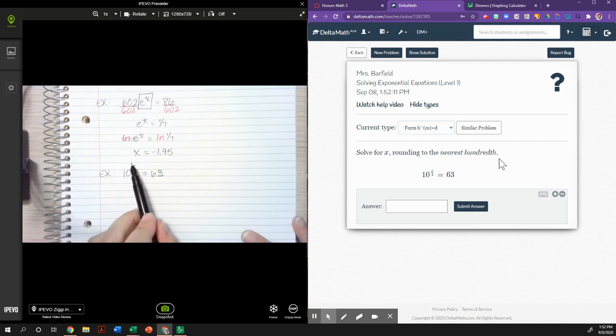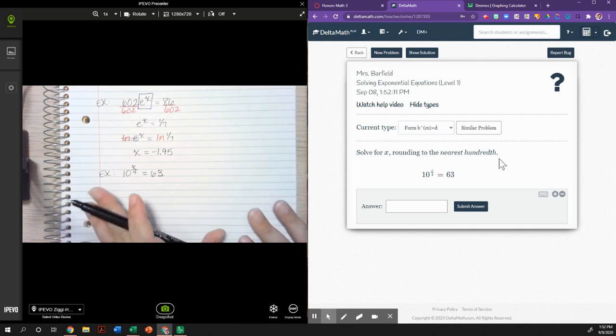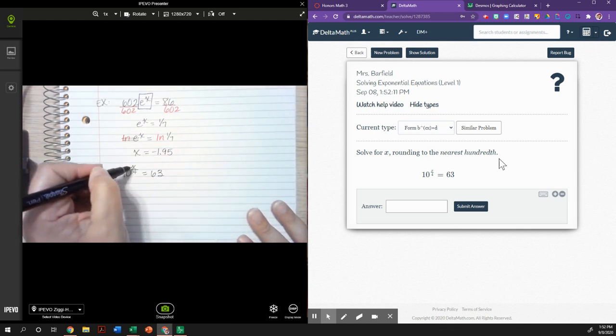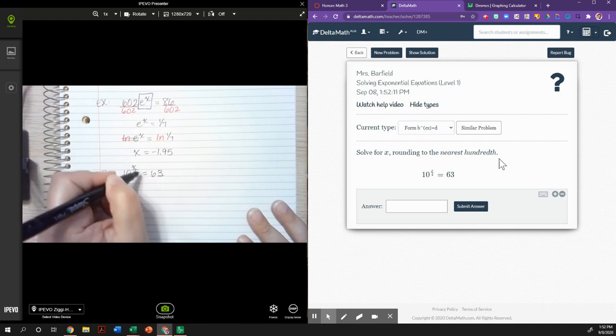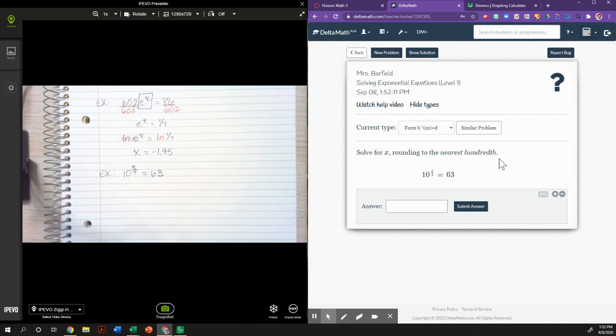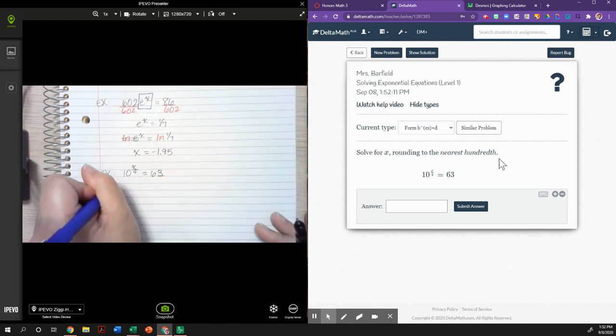So 10 to the x over 4 equals 63. There is nothing I can do to this problem to make it any better than what it is, because this x divided by 4 is the exponent, and that exponent is currently a fraction. So I'm just going to jump right in and take the log of both sides.